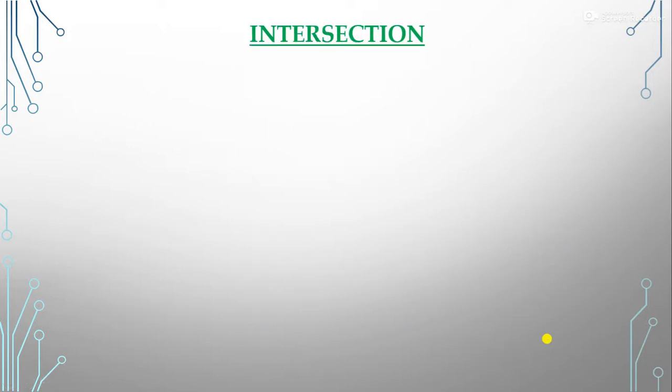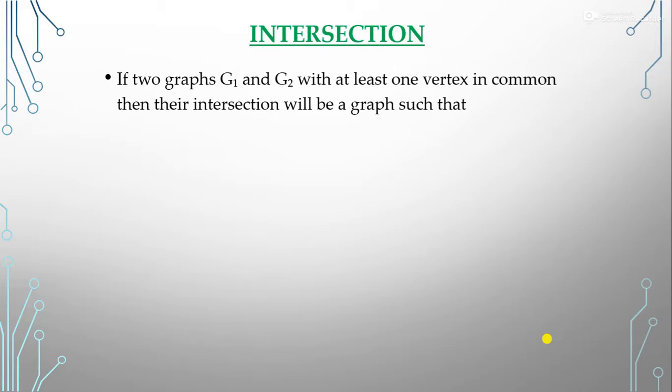You already know that if we have two sets, how can we find the intersection? Same thing here. Suppose there are two graphs G1 and G2 with at least one vertex in common, then their intersection will be a graph such that vertices of G1 intersection G2 is equal to the vertices of G1 intersection vertices of G2.